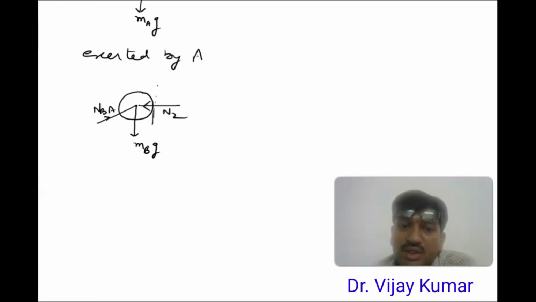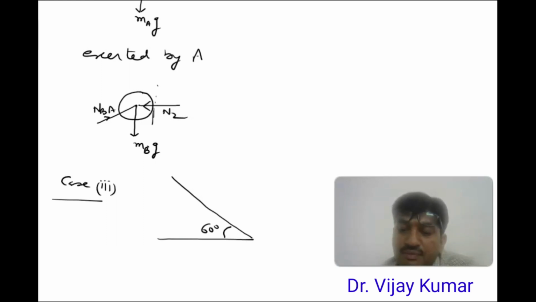And similarly, we can see case number 3. In case number 3, suppose this is a plane inclined at 60 degrees, and there is a body, and a force F1 acts in this direction. 10 Newton works in this direction, and this 10 Newton is working normal to this plane.